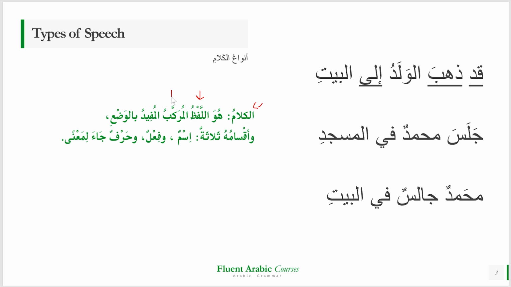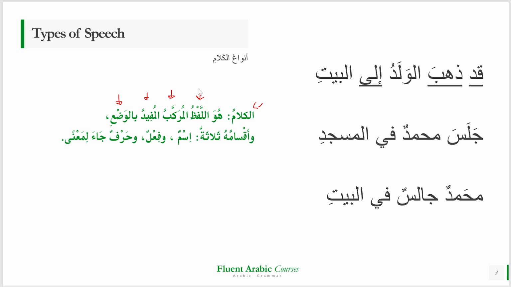Al-murakkabu. It is arranged or composed of multiple words, usually. Al-mufidu. It is meaningful and coherent. Bil-wada'i. It follows the wada' or the rules of the Arabic language.